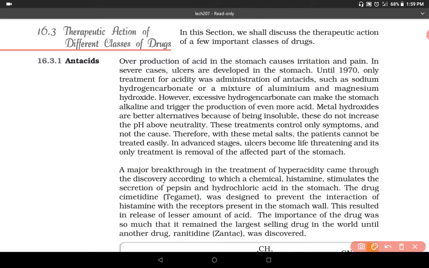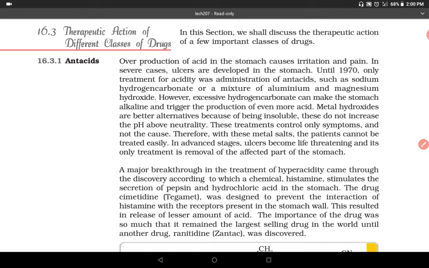Okay, therapeutic action of different classes of drugs. We learned in the starting also that drugs which are useful in therapeutic and some medicines are drugs used in therapeutic and biochemical processes. They are called therapy. In that, it is called medicine, and the study of therapeutic biological processes is called chemotherapy.